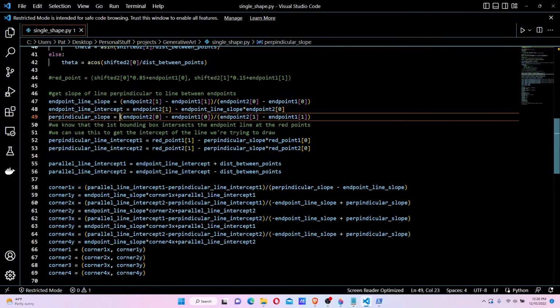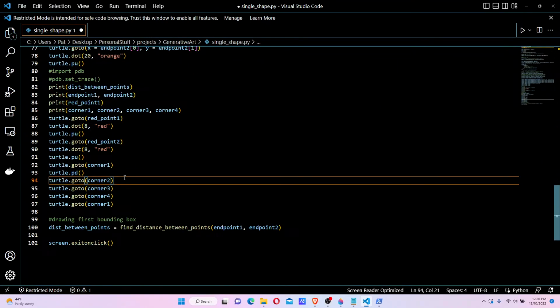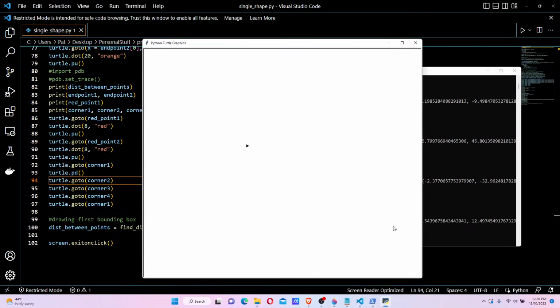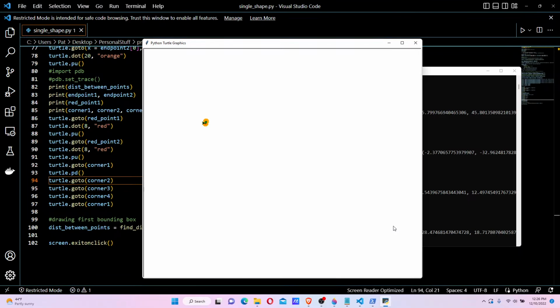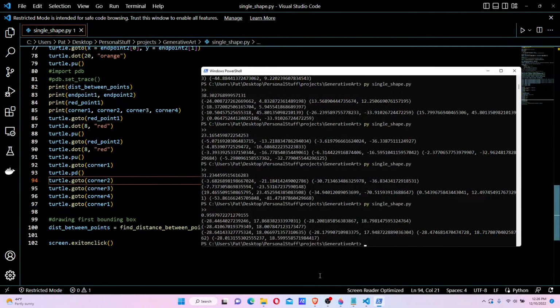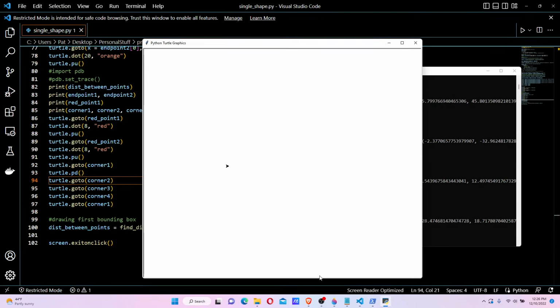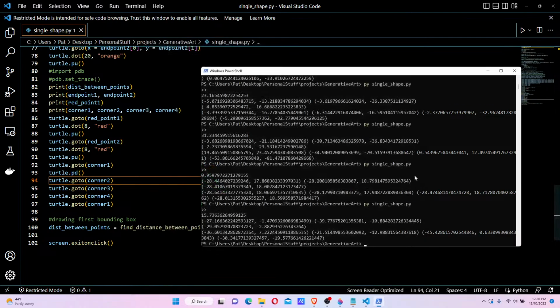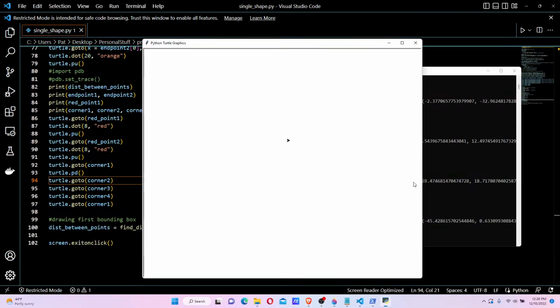So perpendicular slope is equal to negative of that. And yeah, I guess I'll just do that the same. Oh, those were too close together. Nice, now that's the right perpendicular line. I just have to figure out which way to do the corners.